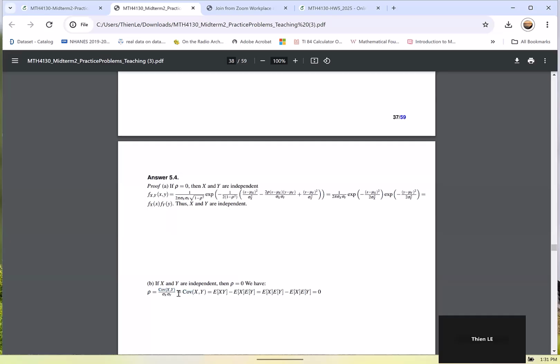The numerator, covariance of XY, can be written in this fashion, but because of independence, E[XY] factorizes into E[X] E[Y]. So the numerator is 0, which means it doesn't matter what happens in the denominator, rho will be 0.